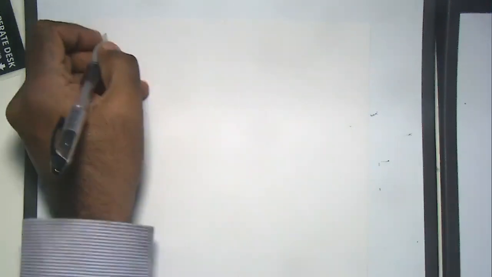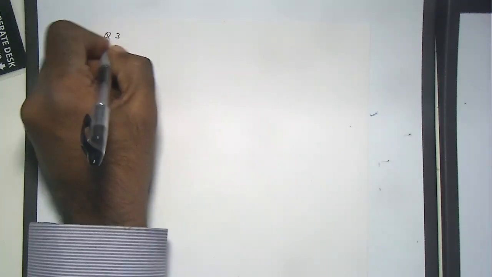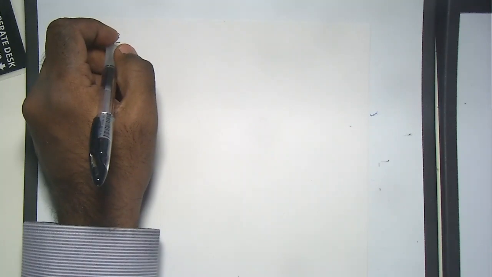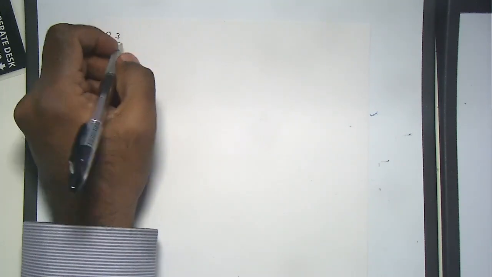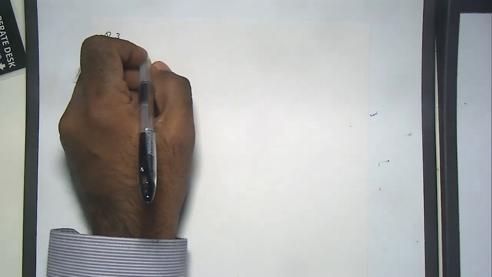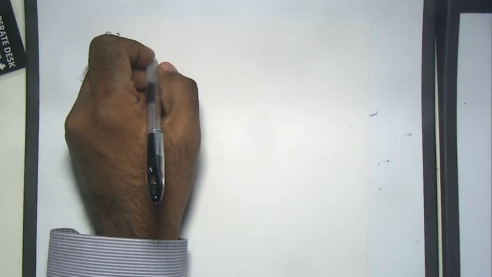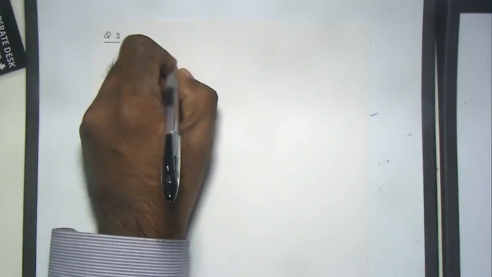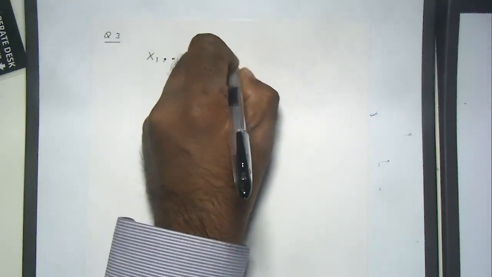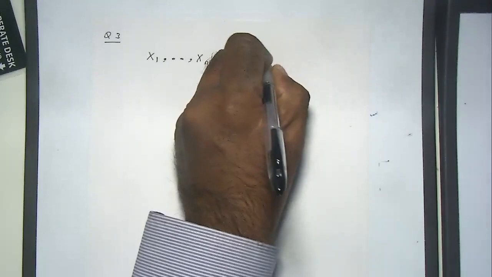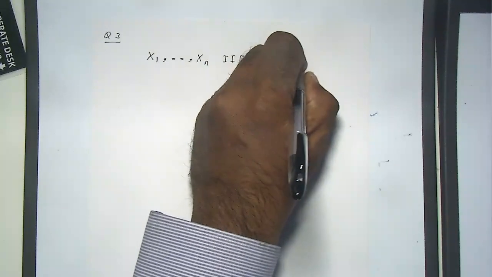Now you have x1 to xn, IID normal with parameters mu and sigma square.